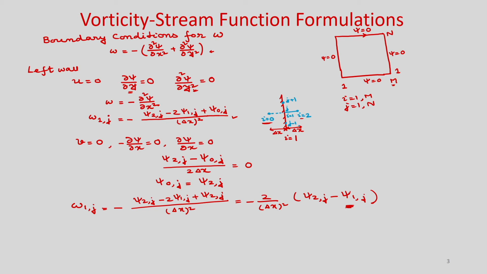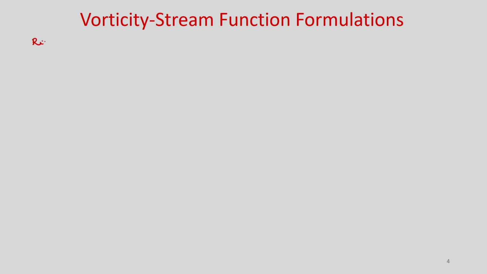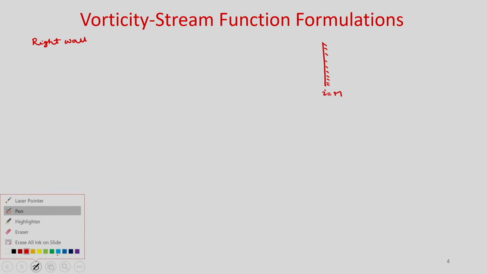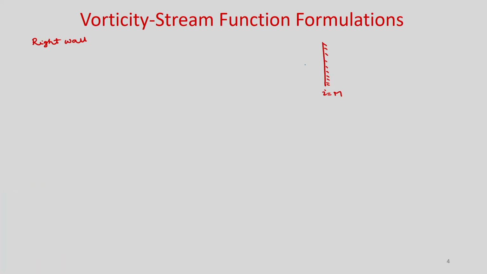Similarly, now you do the same for the right wall. So, for the right wall, I is equal to m in this case, and this is your original interior grid and this is your fictitious grid outside the boundary.